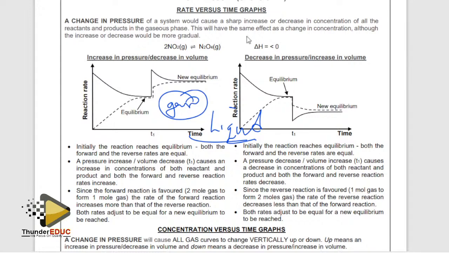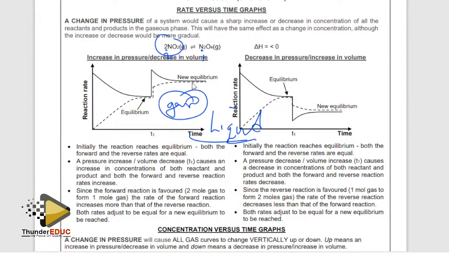For example, if this is 2 moles and this is 1 mole, when I increase the pressure here, the 2 moles, what is going to happen? It means that the volume is going to decrease. You understand?